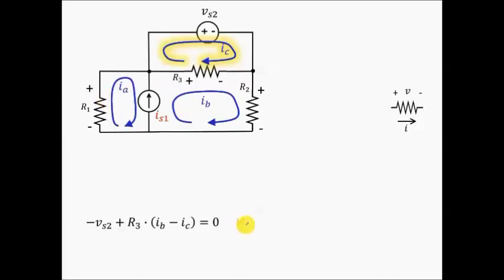I also have, as before, the relationship between voltage and current for the different circuit elements. But I can't write KVL for mesh A and B because I don't know what the voltage is over that current source.